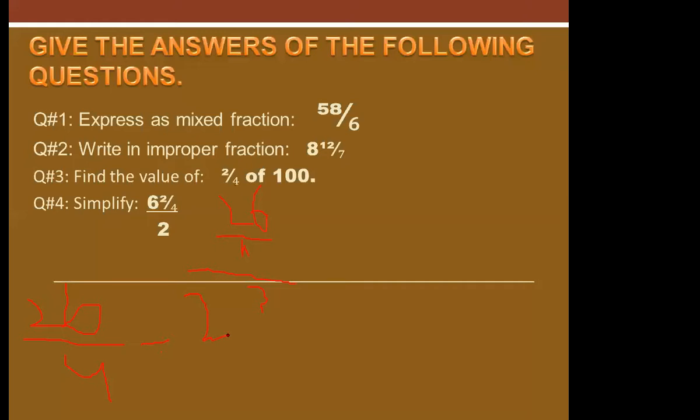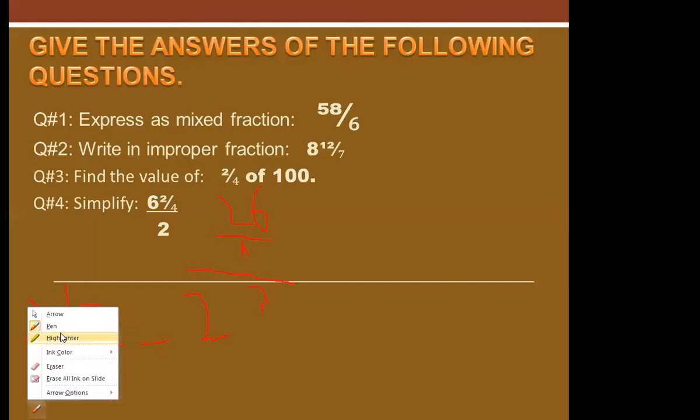Then you will make the reciprocal of it. 13 upon 2. Hamza Farooq, 13 upon 2 is the answer. Okay, it's okay, don't worry. Now 26 upon 4 divided by 2.